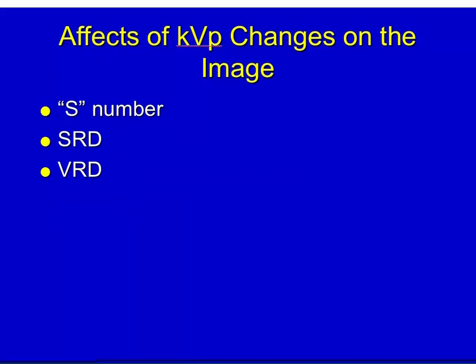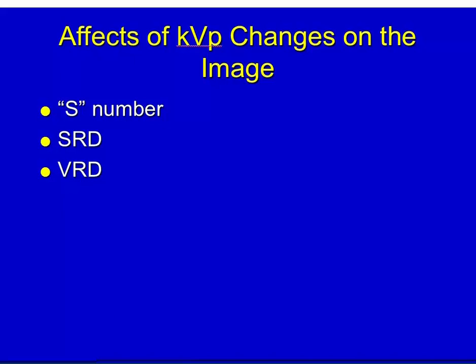So realistically, what you're going to see on your image is a change in your index number. If you increase your kVp by 15%, your index number is going to tell you overexposed, or that your exposure went up by a factor of 2. A 15% increase in kVp equals a doubling of the mass as far as image receptor exposure goes.